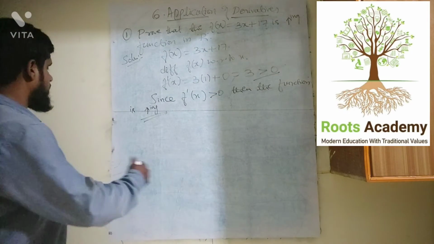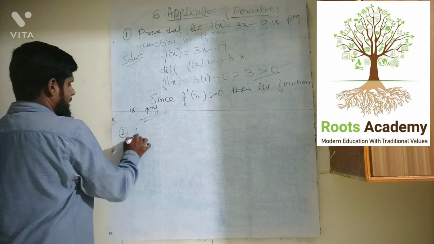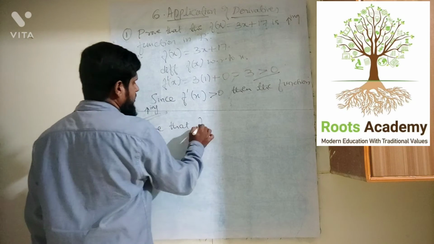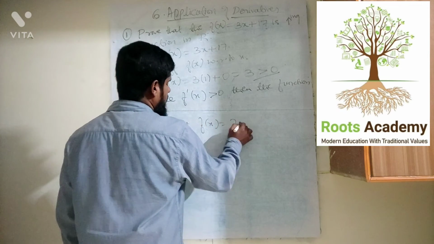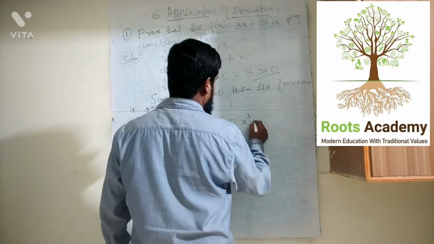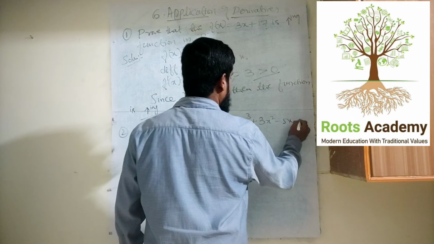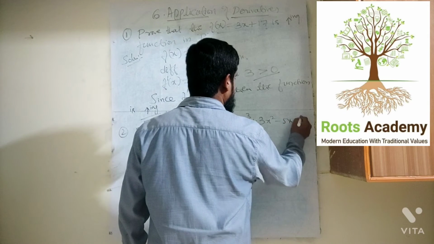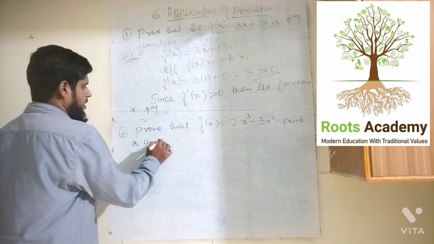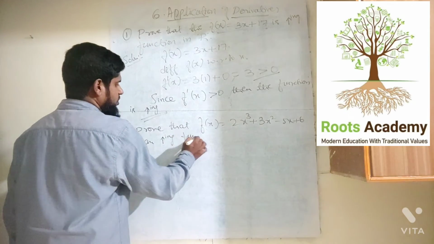Let us go to the next problem, similar to this. Prove that f of x is equal to 2x cubed plus 3x square minus 5x plus 6 is an increasing function.